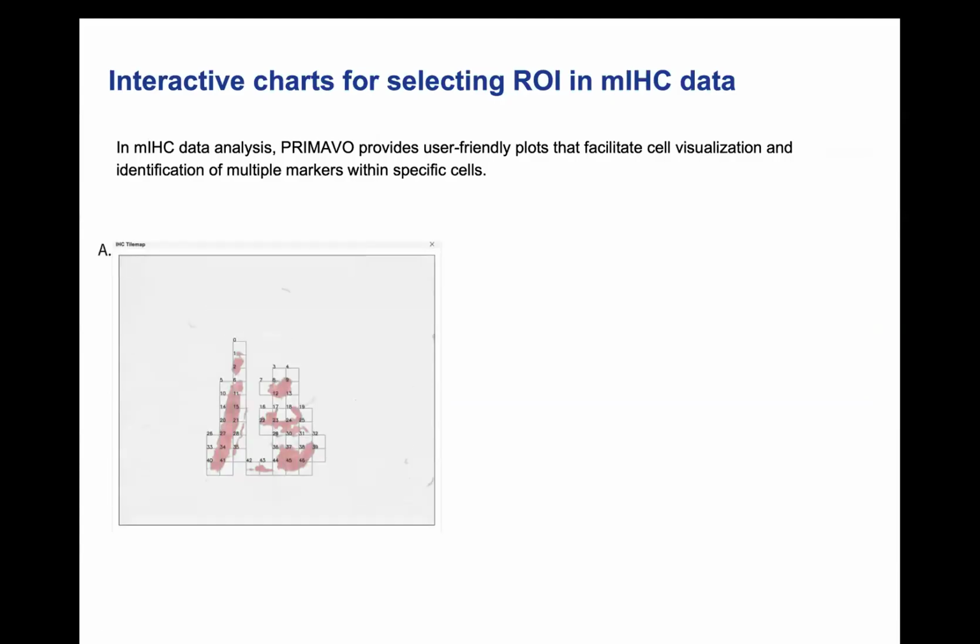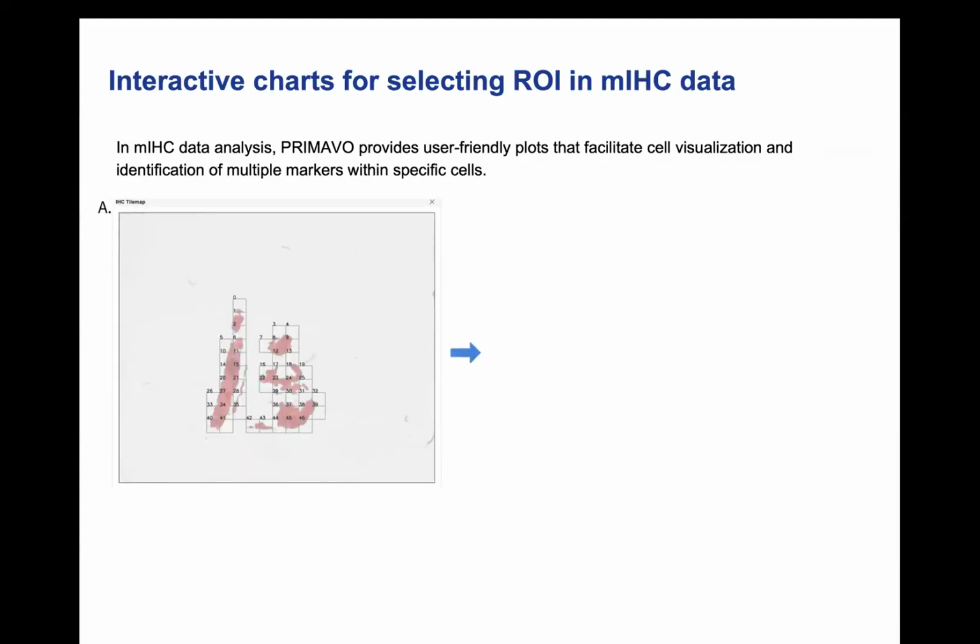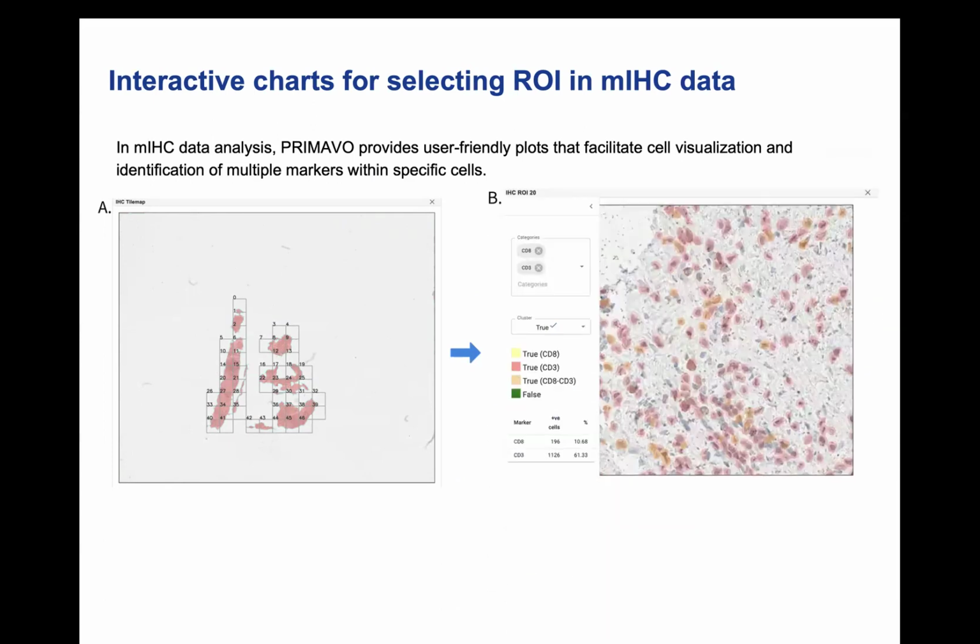Another thing is immunohistochemistry data. If we have slides from immunohistochemistry, we can select certain regions of interest, and once we select the region of interest, we can look at them in detail in user-friendly plots, so that we can see which specific markers, for example CD8, CD3, or the two of them together, are here, or they're not there.